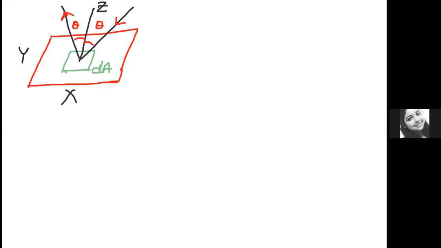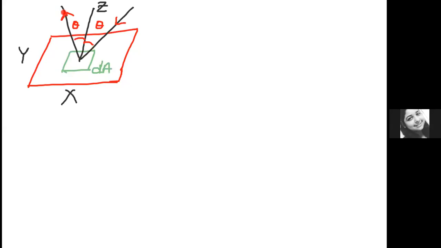Now look at this figure. We will now calculate the change of momentum suffered by the molecules striking that unit area in unit time. A molecule striking this area dA makes an angle theta as shown in the figure. On reflection, what happens? It will make the same angle.